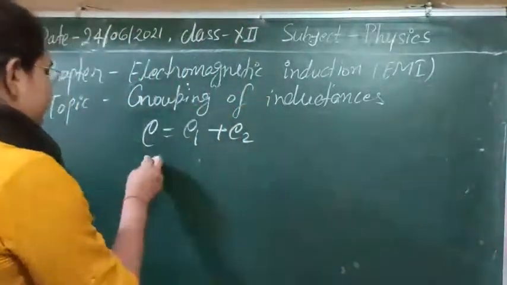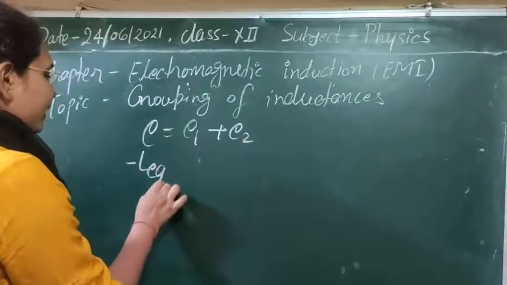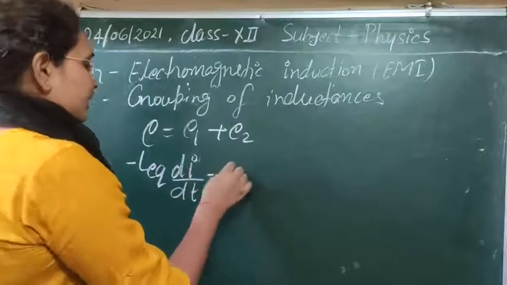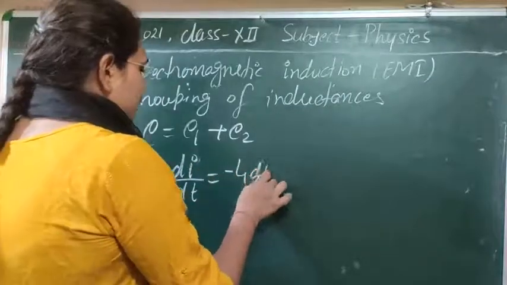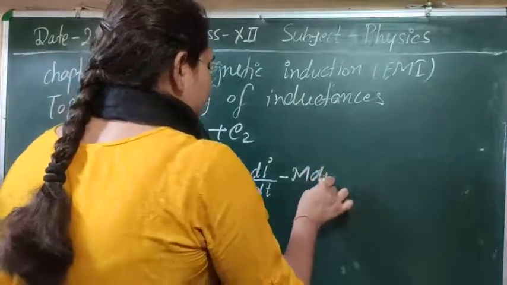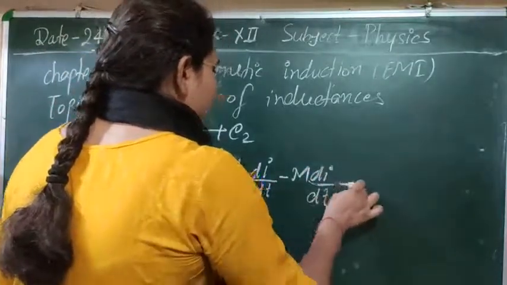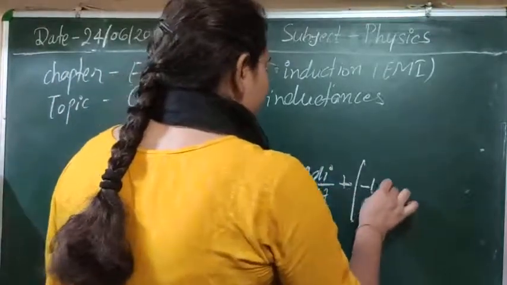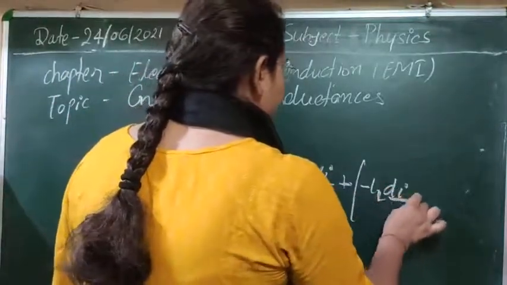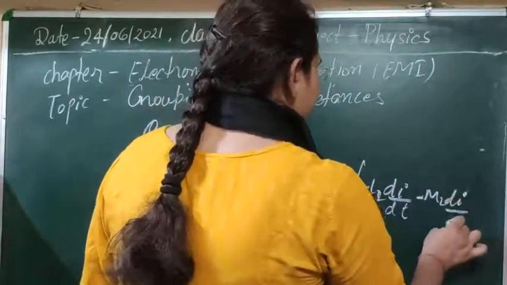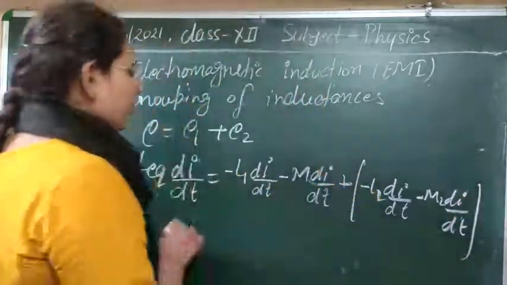So for this case we have minus L equivalent di by dt. For this one we have minus L1 di by dt minus M di by dt. For this one we have minus L2 di by dt minus M di by dt. So this is the value of all these terms.